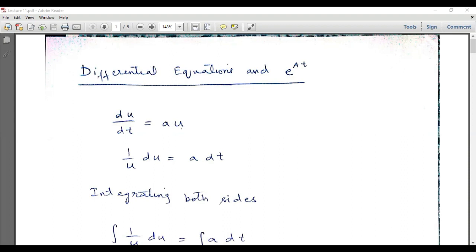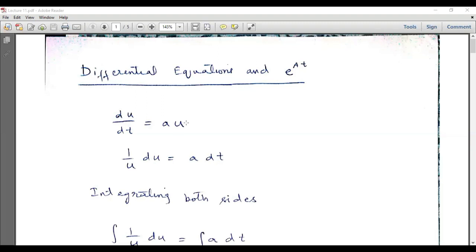And after the solution of this ODE, we will reach the result for this system of linear differential equations and this matrix exponential. So du by dt is equal to au, and we can combine like terms on one side.